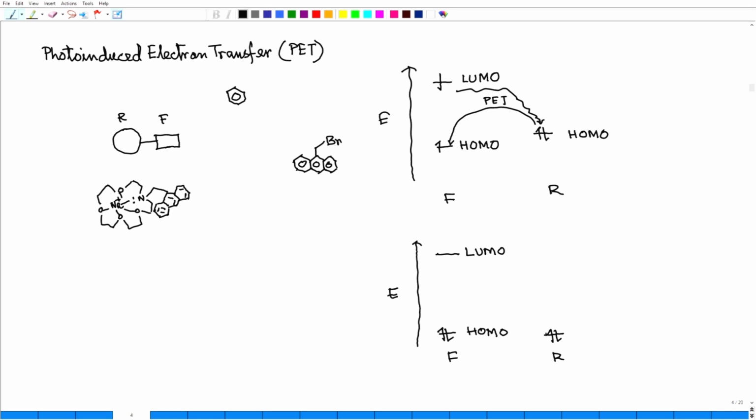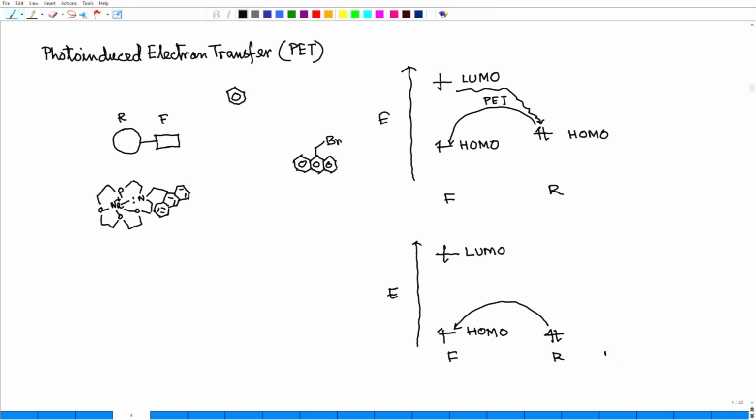Now, I excite the fluorophore of the sodium complex. It goes like this. The LUMO is now occupied, and this electron cannot go here. Why?